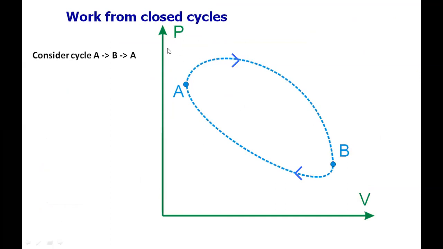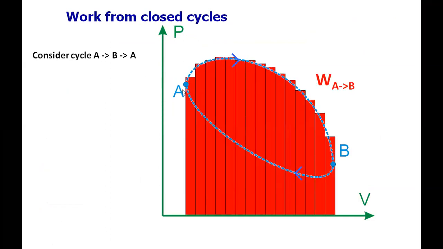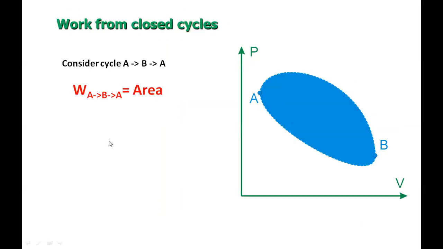Okay, work from a closed cycle. If we have a closed cycle, consider A to B to A. So this is the work from A to B, and this is the work from B to A. Also, the work A, B, A equals the area.